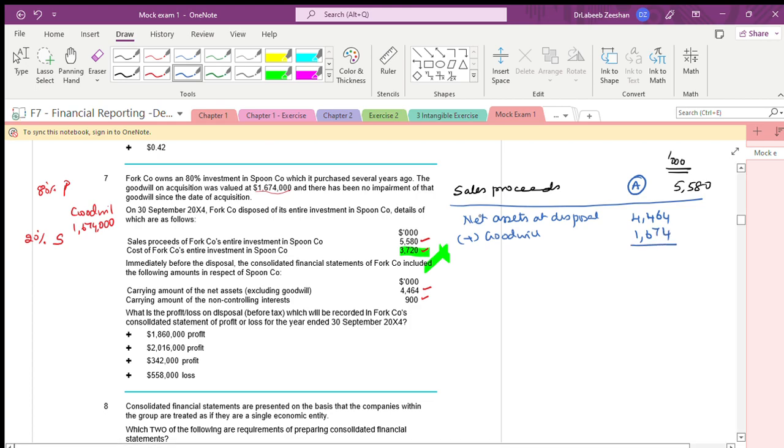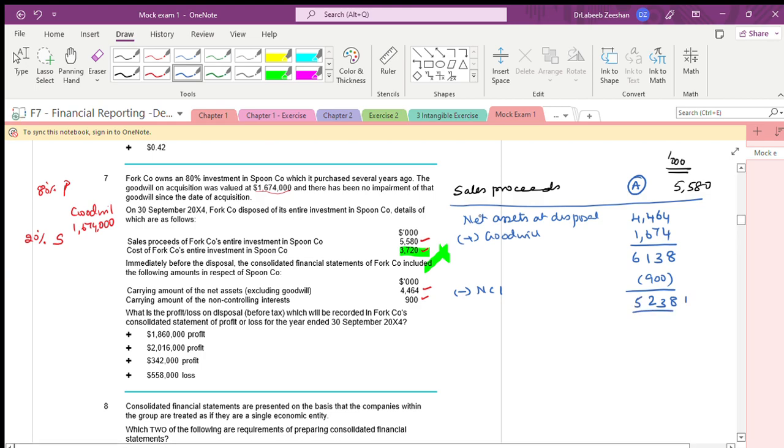How much will we get? 6,138. From this you have to remove NCI, non-controlling interest. Non-controlling interest is how much? 900. 6,138 minus 900 gives 5,238.